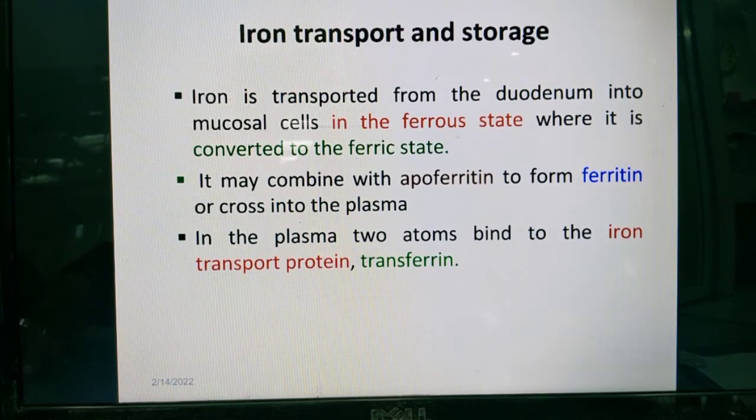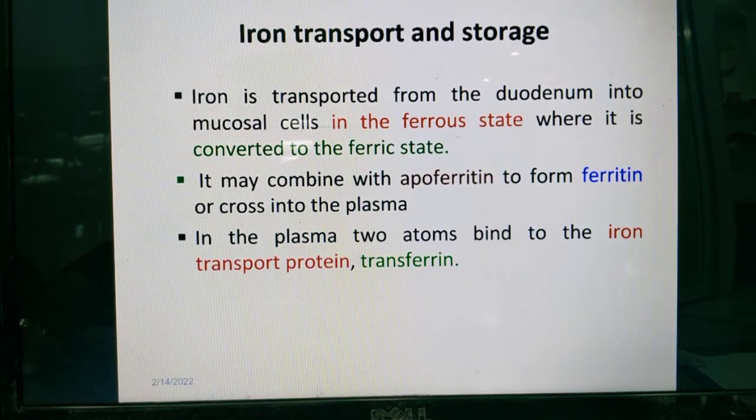Iron transport and storage: iron is transported from the duodenum into mucosal cells in the ferrous state, where it is converted to the ferric state. It may combine with apoferritin to form ferritin or cross into the plasma.